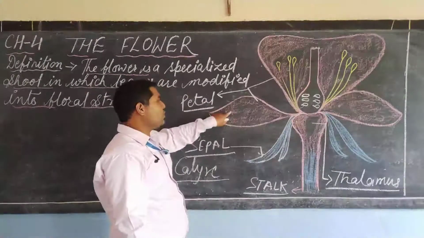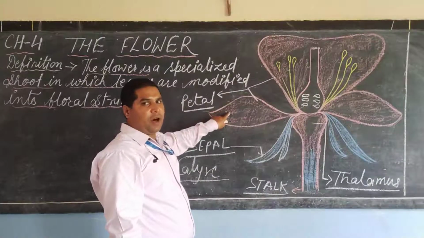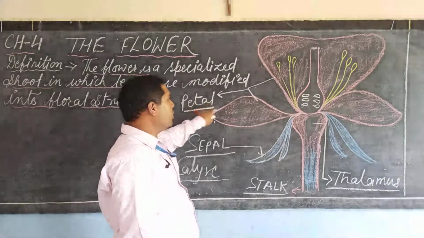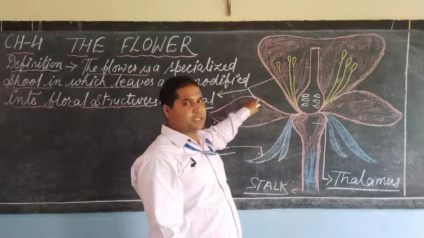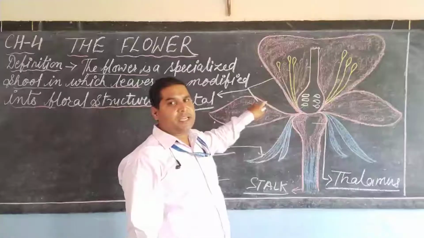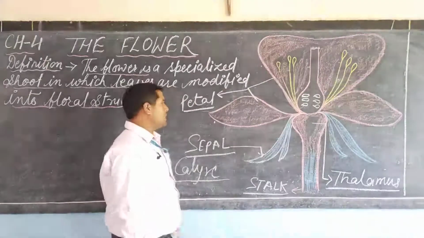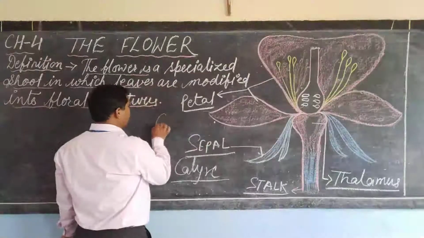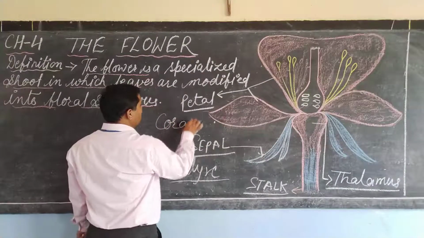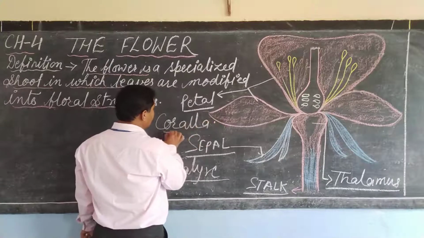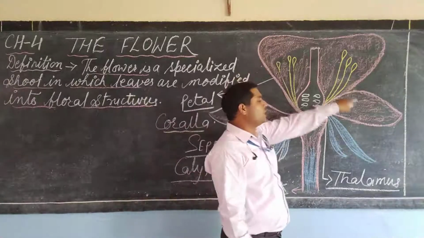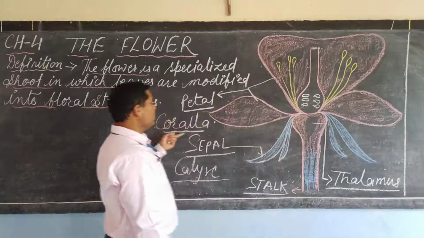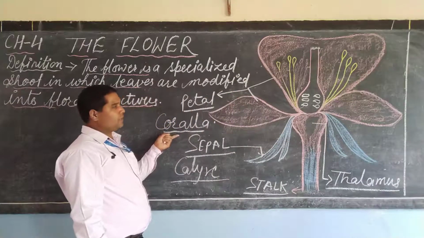When we denote a single colored part it is known as a petal, but when all the colored parts are denoted collectively, it is known as a corolla, dear student. All these colored parts together are known as a corolla.